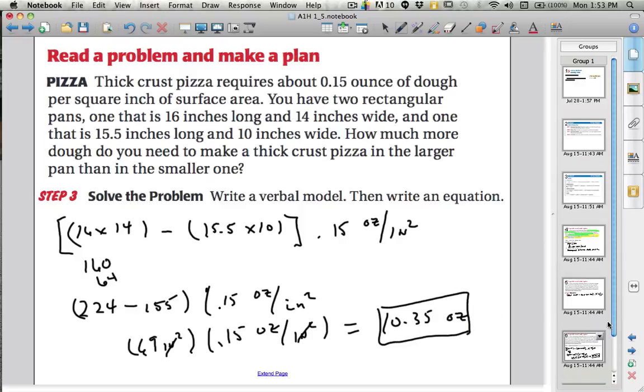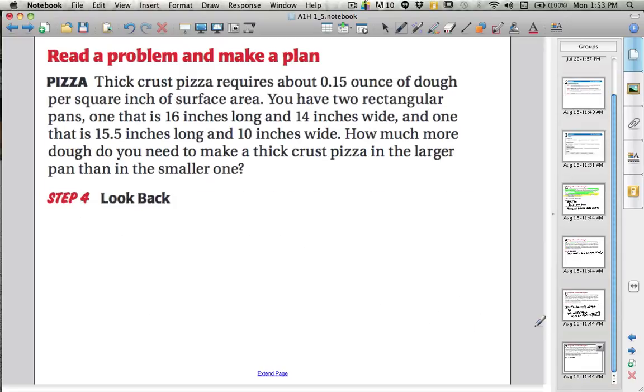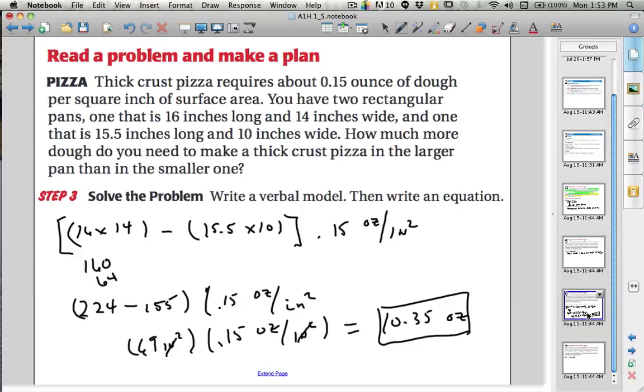Okay. Now the last thing I want to do is go ahead and look back and see, does that make sense? Does it make sense that 10 ounces is the difference? Well, if we think about it, this one, 224, that's going to be probably 30-some odd ounces, and this is about 20 ounces.